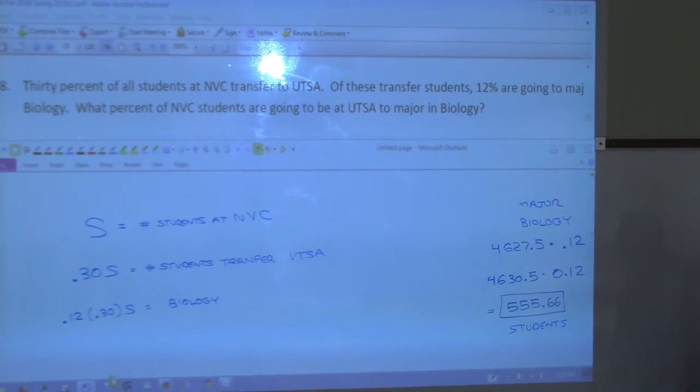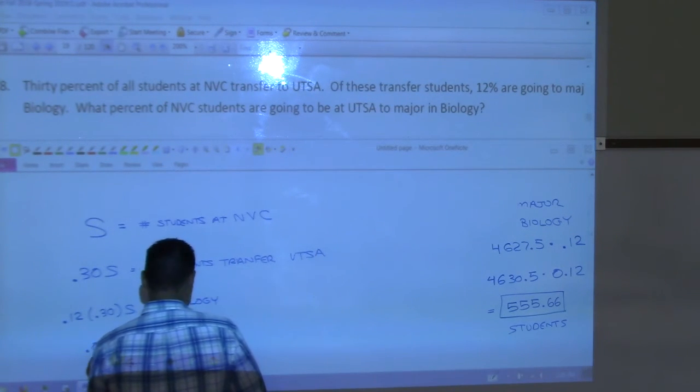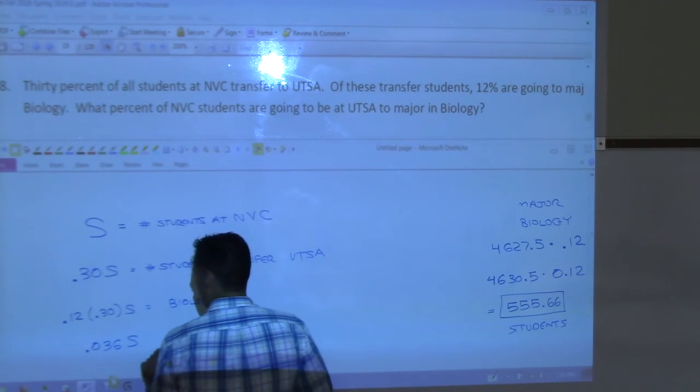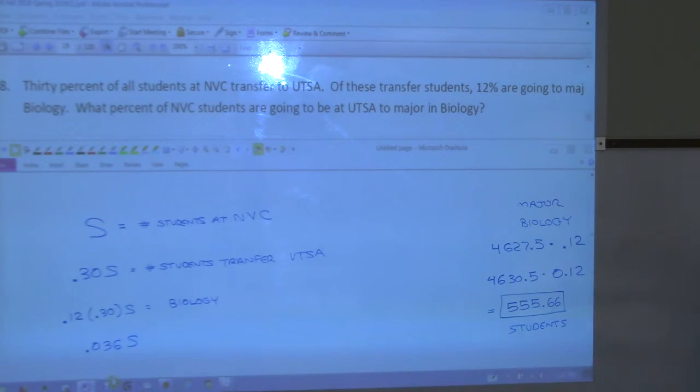So on your calculator, let's do that. 0.12 times 0.3 is 0.036S, right? So who can figure out from that what the percentage is then?